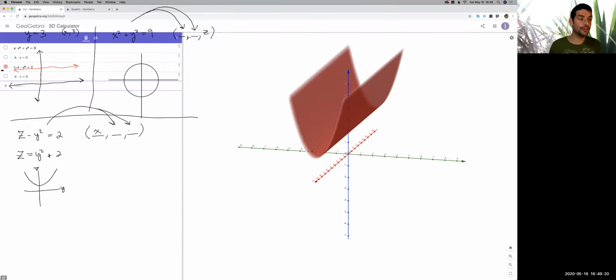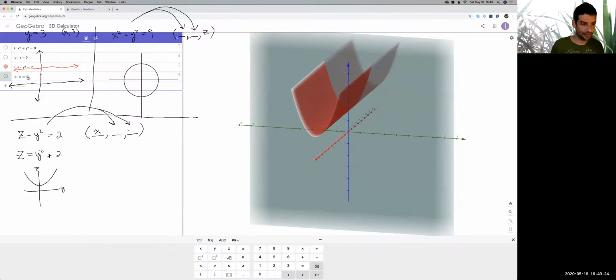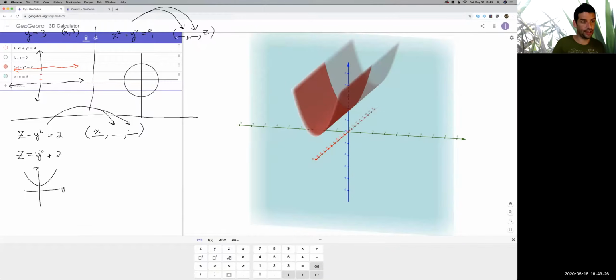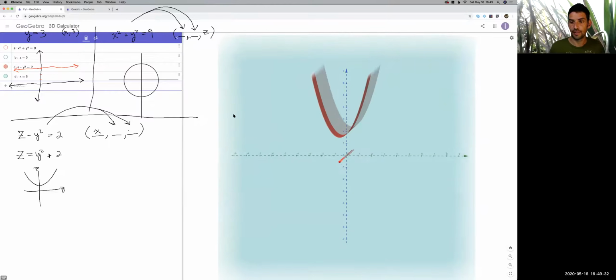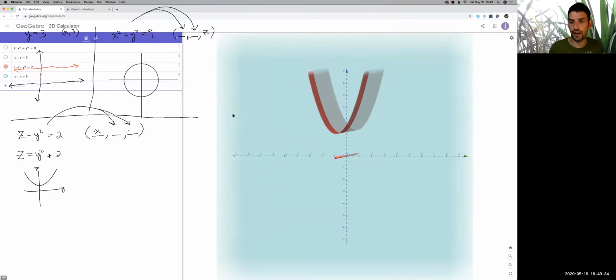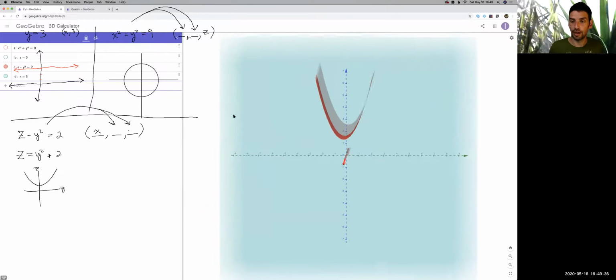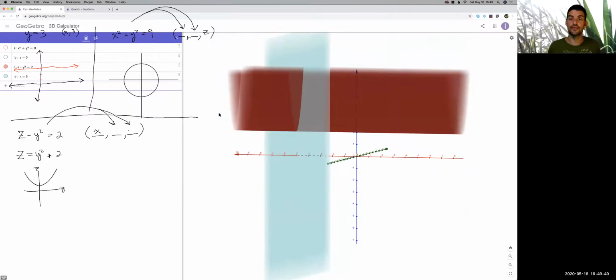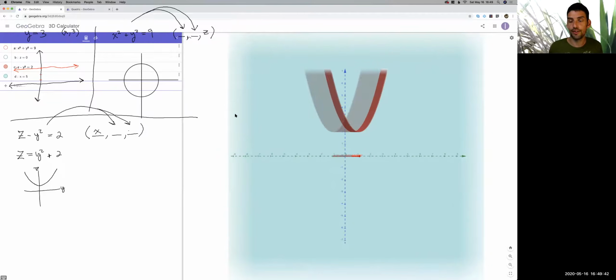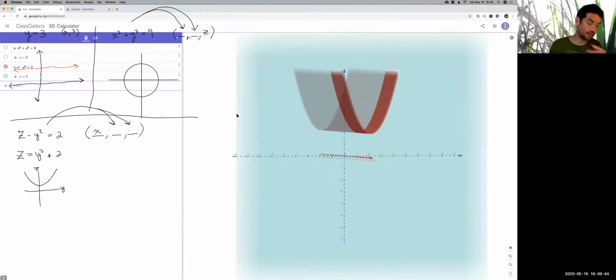At any value of x, for instance, let's take x equals 5. Yeah, it goes that far. We can see the intersection of that plane. That's all the points where x is equal to 5. They all lay along a parabola. You can see the shape, the intersection that plane is making with that surface.